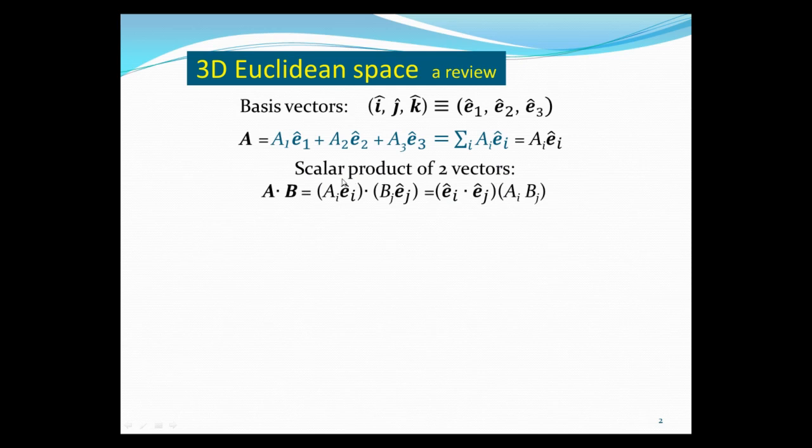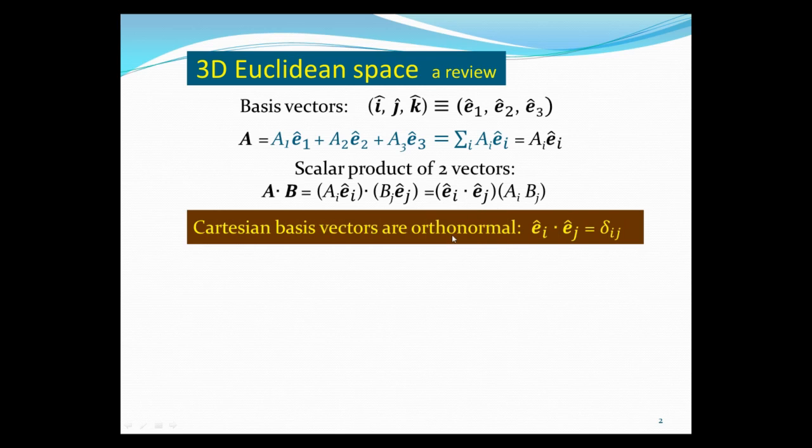So if you talk about the scalar product of two vectors, each of them expanded in terms of the basis, we take the basis vectors dotting each other, with coefficient a_i b_j. For Cartesian basis vectors, we can choose them to be orthonormal. So therefore e_i dot e_j is just the Kronecker delta ij.